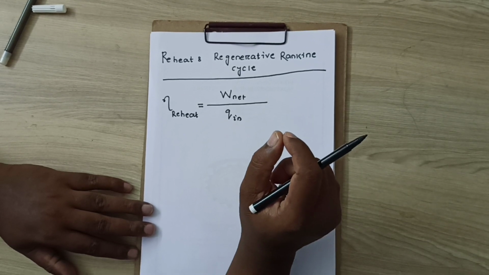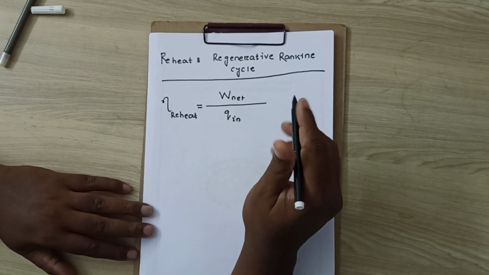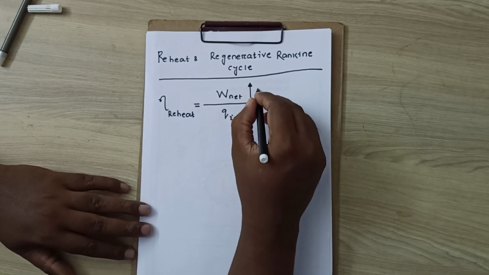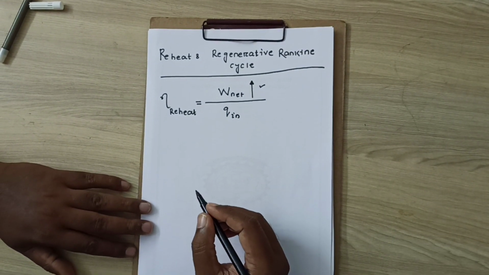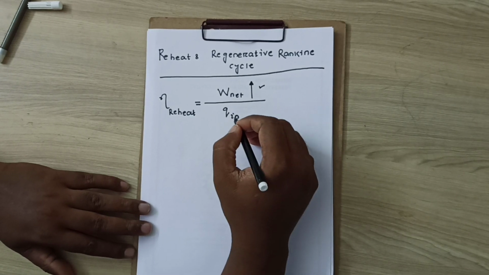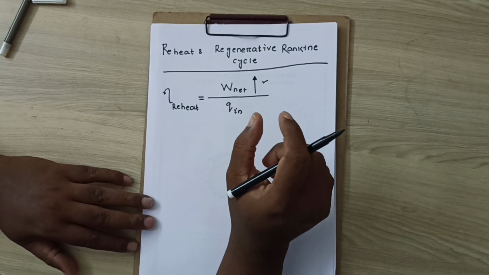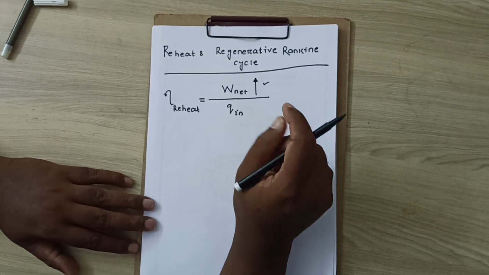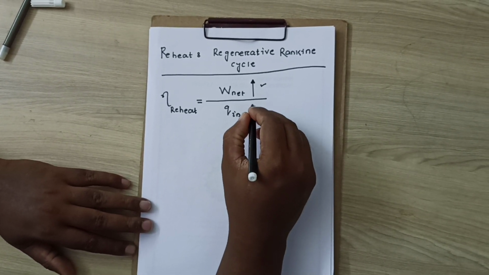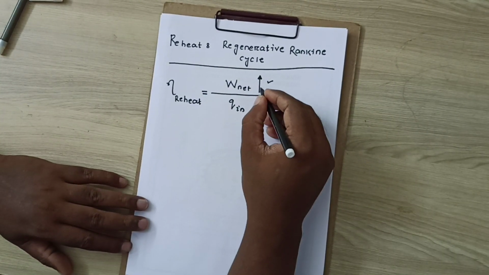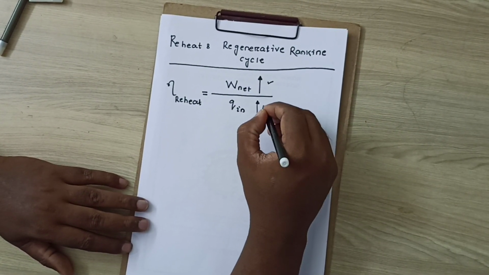So there was a substantial increase in W net. There also we incorporated a reheater. In this reheater we have added heat input, so this Q in is also increased. So both W net and Q in are increased.